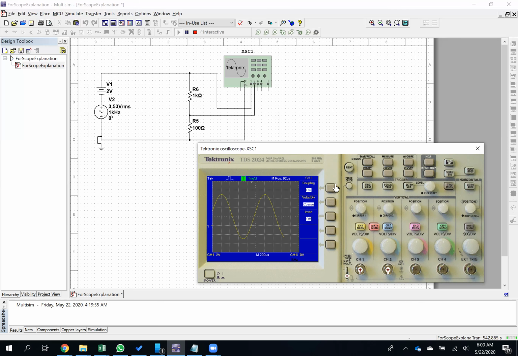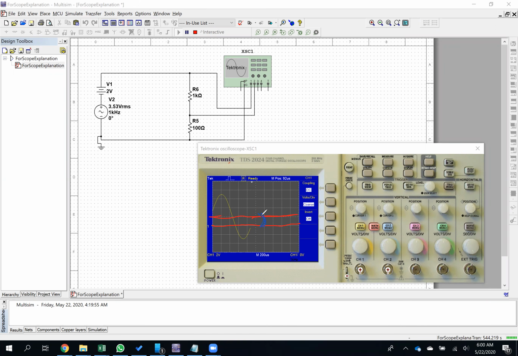coupling. And notice you can see that the waveform is actually shifted above ground. So the ground line is here, but that's not the center of the peak to peak of the waveform, right? The center of the peak to peak of the waveform is here. And so that is that 2 volt, that's not a good color, hang on here.